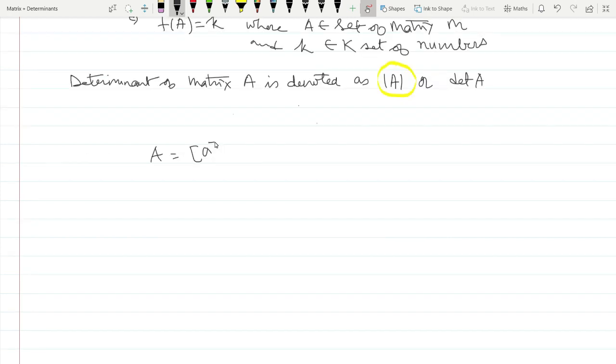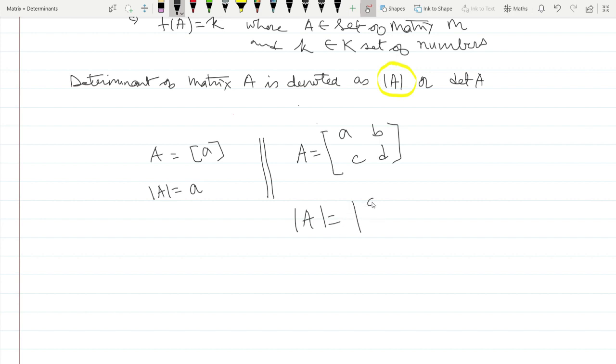If A is a square matrix of order 1 like this, its determinant will be equal to simply this number A. And if A is a square matrix of order 2 like a, b, c, d, its determinant value will be equal to ad minus bc. ad minus bc will be the determinant value of a square matrix of order 2.